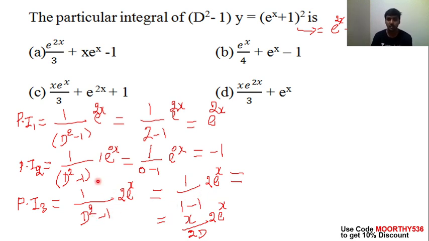Again we have to differentiate D square minus 1 one time, which gives 2D, and the differentiation of 1 is 0. So 2 into e power x divided by 2D. Integrating one time, we get e power x divided by 1. So here we have to replace the letter.